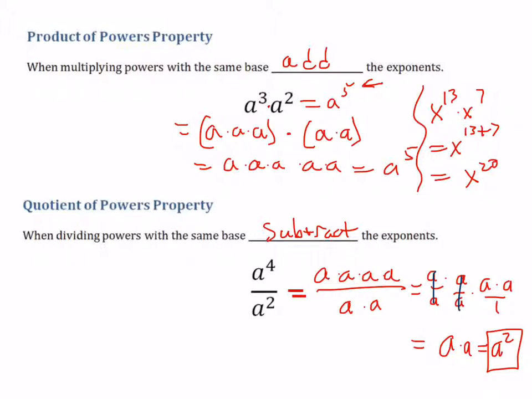One more dividing example here. What if we have x to the 13th divided by x to the 7th? Well, there we're going to subtract x to the 13 minus 7, because 7 of these will cancel out with 7 of these, kind of like this. You could write it out if you wanted to, but we don't need to. That's going to be x to the 5th. Okay?